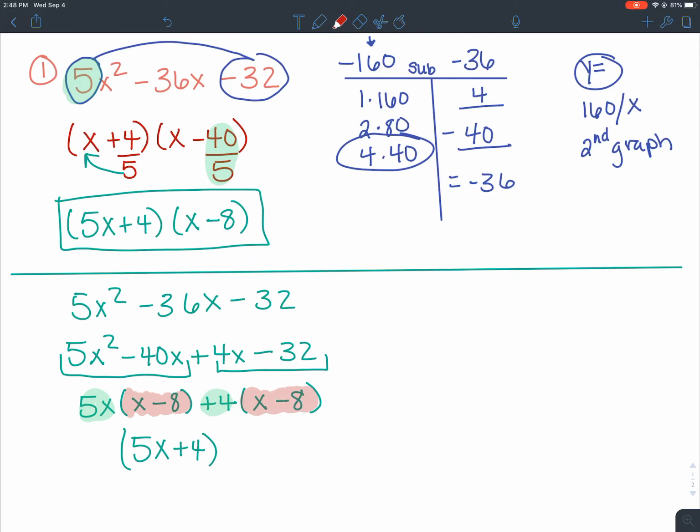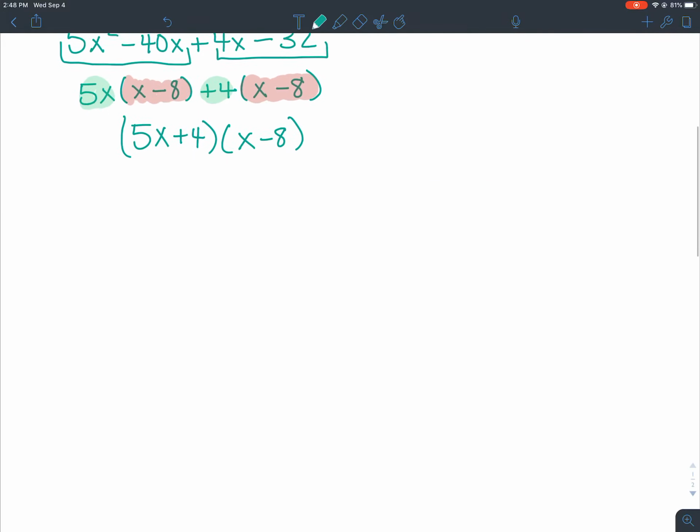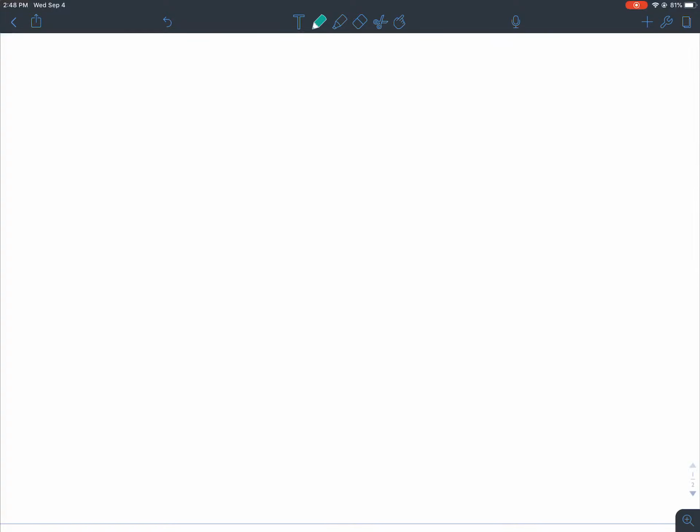You only write it once. So then it's x minus 8. We get the exact same answer. All right, let's do 2 more, and then we'll get into today's lesson. So number 2: 6x squared minus 23x plus 21.